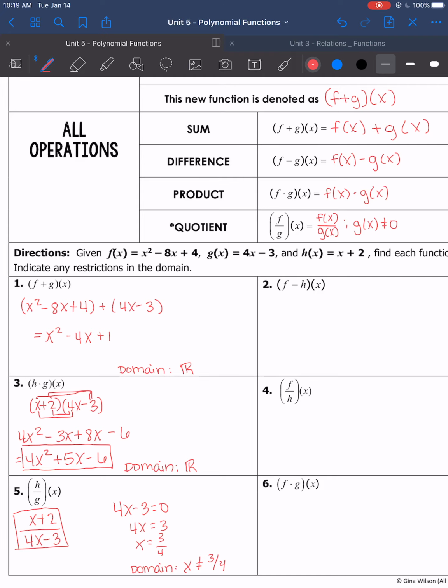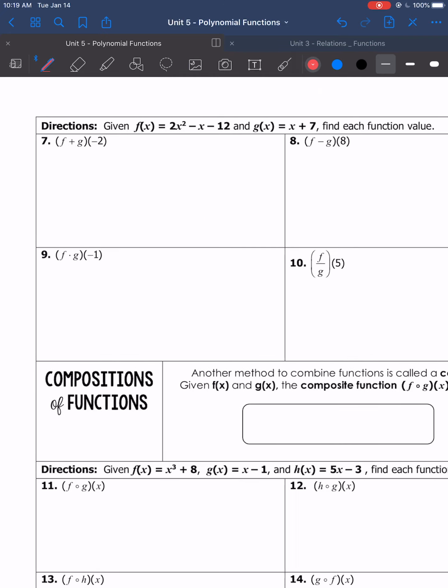So moving on, we've got new functions now. We have f of x is 2x squared minus x minus 12, and g of x is x plus 7. So adding these two, but the difference is here, I got a negative 2 this time instead of just an x.